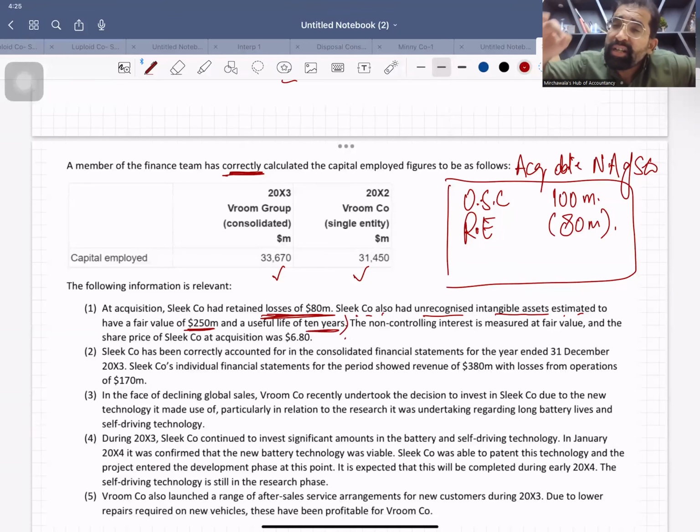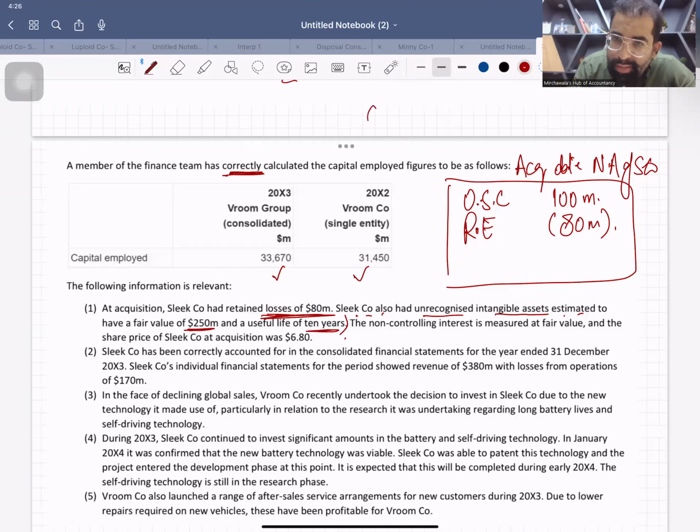For subsidiary company, those brands are internally generated and they should not be recognized in the individual books. But parent company has purchased S company. So for parent company, these are purchased brands. So in the consolidated books, these brands must be recognized. So you remember, we'll give birth to these assets.